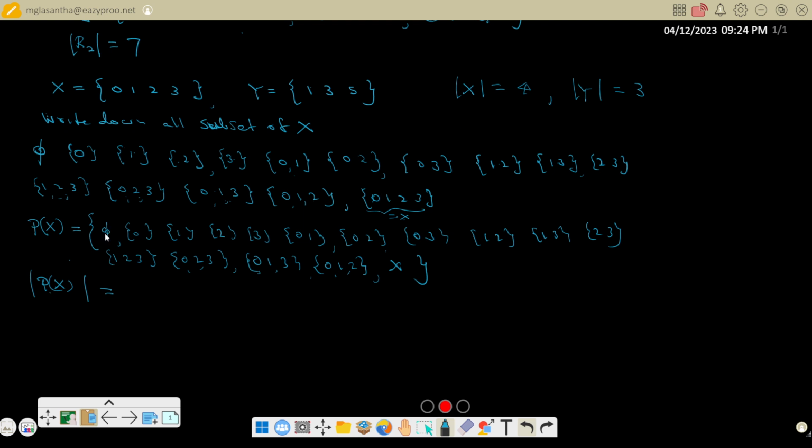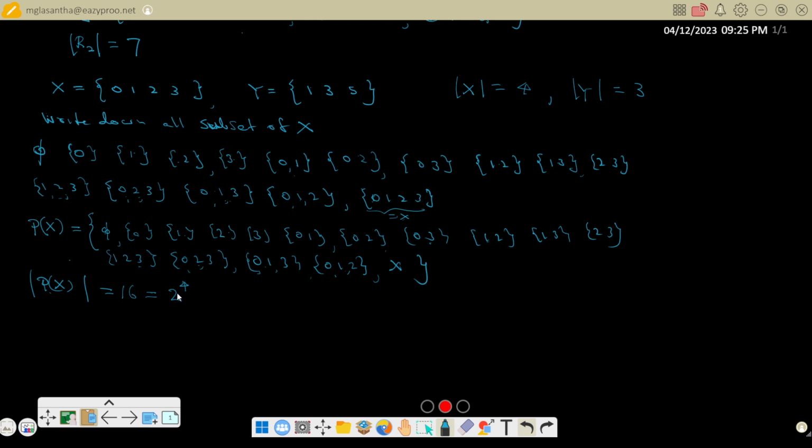You just count 1, 2, 3, 4, 5, 6, 7, 8, 9, 10, 11, 12, 13, 14, 15, 16. Okay, cardinality of PX is 16. So this equals 2 to the power of 4.